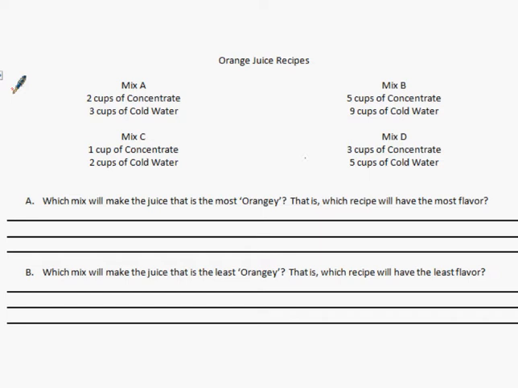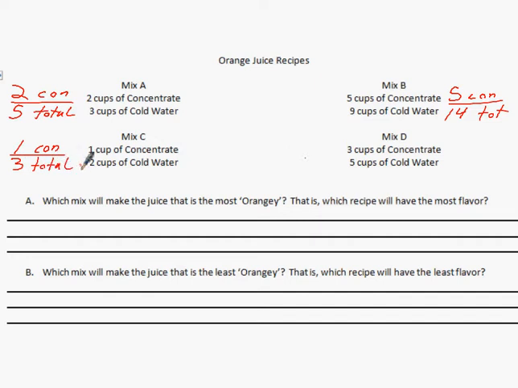So, mix A, we have 2 cups of concentrate over a total of 5 cups. Mix B, 5 cups of concentrate over 14 total. Mix C, 1 cup of concentrate over 3 total cups.